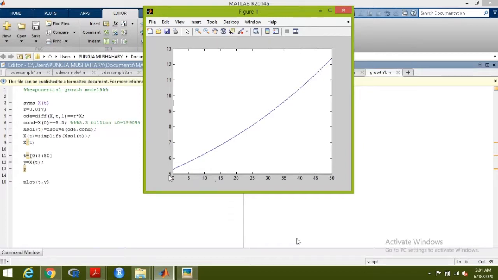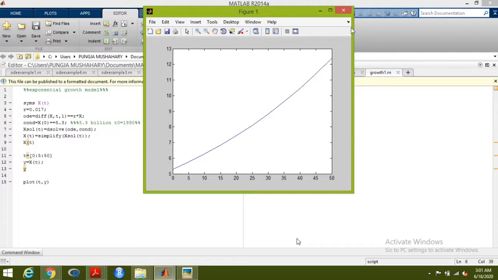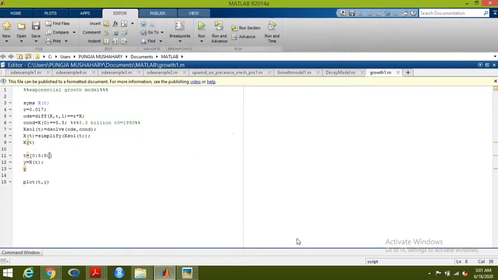So you can predict up to many years. Take it 100, it will keep on increasing up to 100.